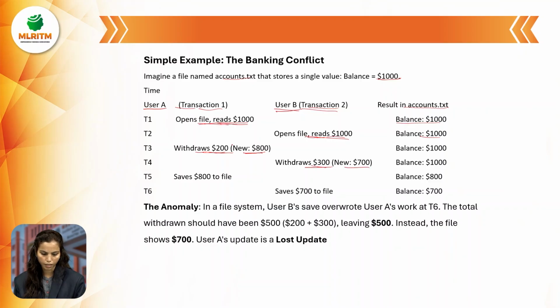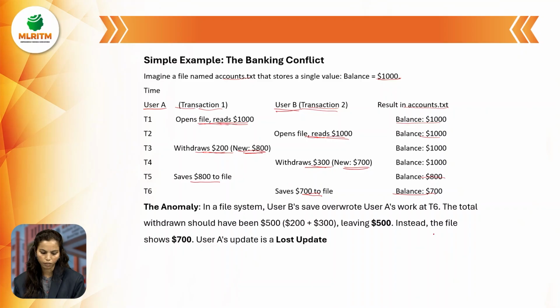So user A's new balance is 800 and user B's new balance is 700. Next, in transaction 5, user A saves $800 to the file, and in transaction 6, user B saves $700 to the file. Transaction 5, user A saves $800, and the result appears as $800.